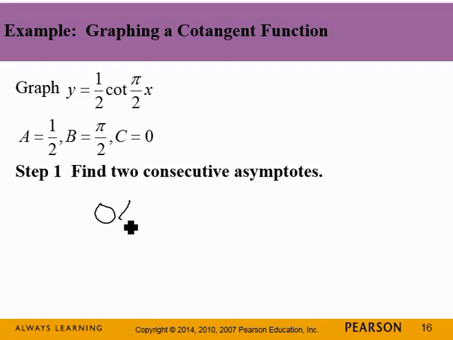So this time I'm going to solve it in inequality format. So you want bx minus c. Well, we don't have c, so it's just going to be pi over 2 x, or bx.